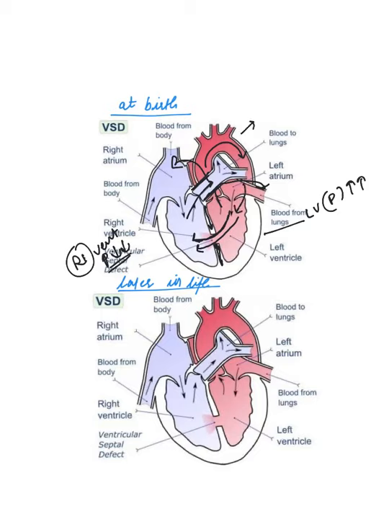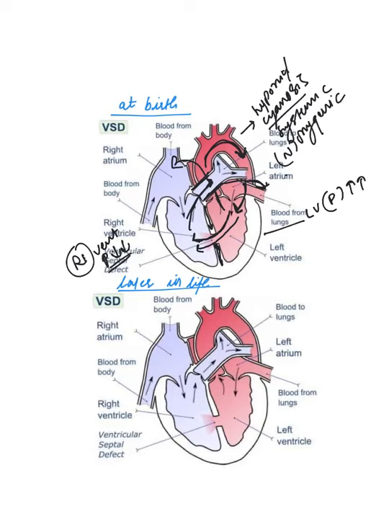So at birth, there is no hypoxia or cyanosis because the deoxygenated blood from the right ventricle is going to the pulmonary circulation, going to the lungs, coming back to the left heart as oxygenated blood and going to the systemic circulation. So the systemic circulation contains normally oxygenated blood, and that's why these congenital heart diseases do not present with cyanosis and clubbing at birth.